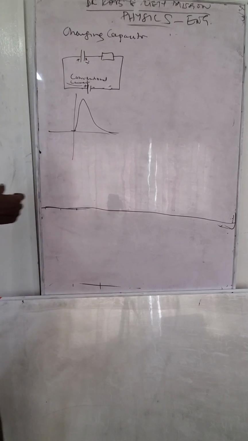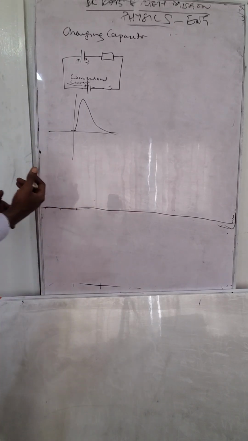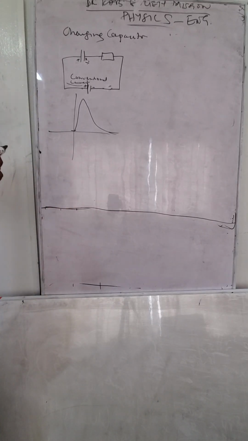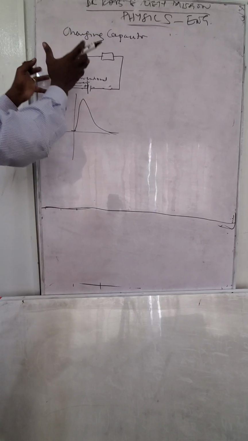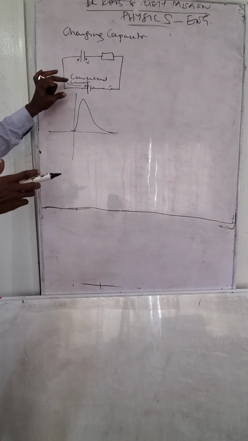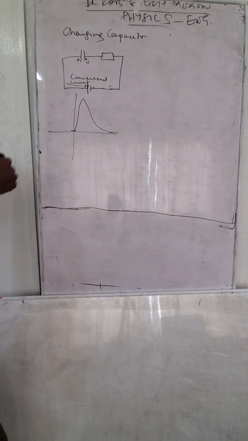Now let's look at the equation that will relate the various components for a charging capacitor. So this is just a simple circuit for a capacitor, just to illustrate how things will go.